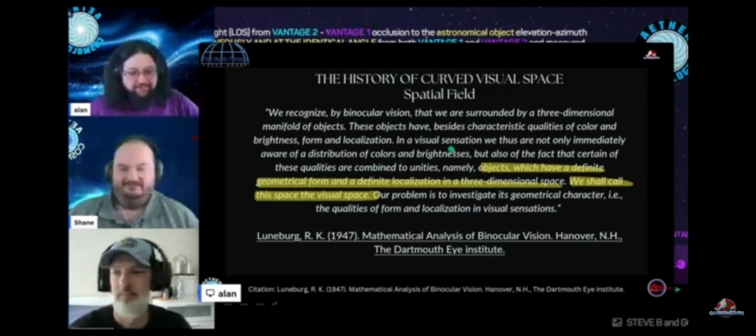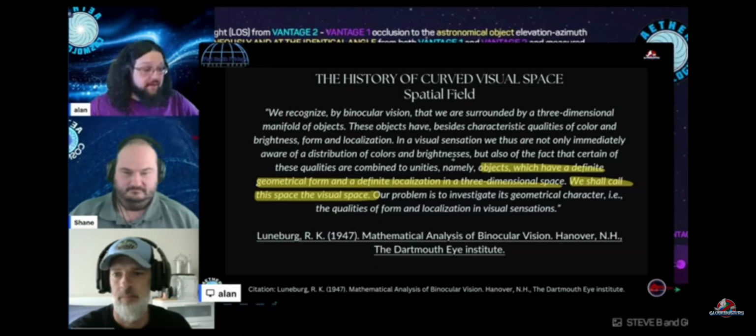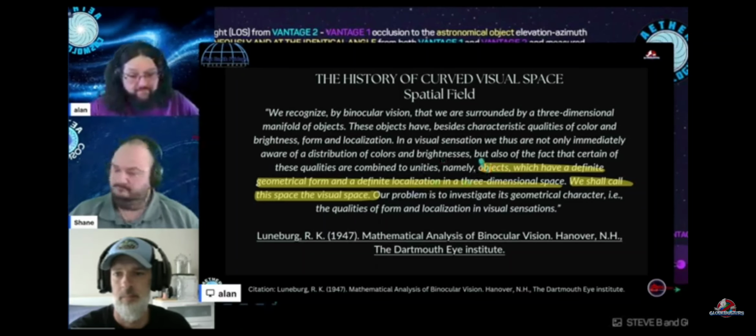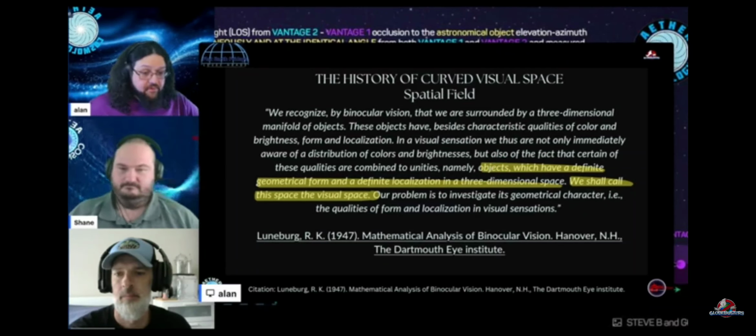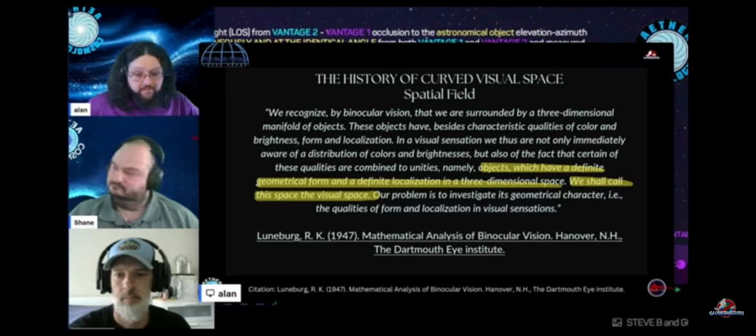So to lay out some definitions here, this is from the field of psychophysics, which is basically understanding how we perceive reality. That's a real brief way to say what it is. And so the study of the deviation from the spatial field versus how we perceive it optically, how we interpret reality, how these tests that we're going to be going over can be influenced by suggestion, in fact.